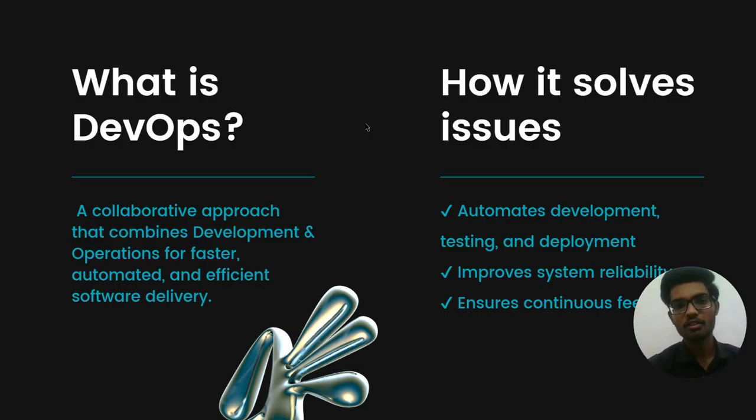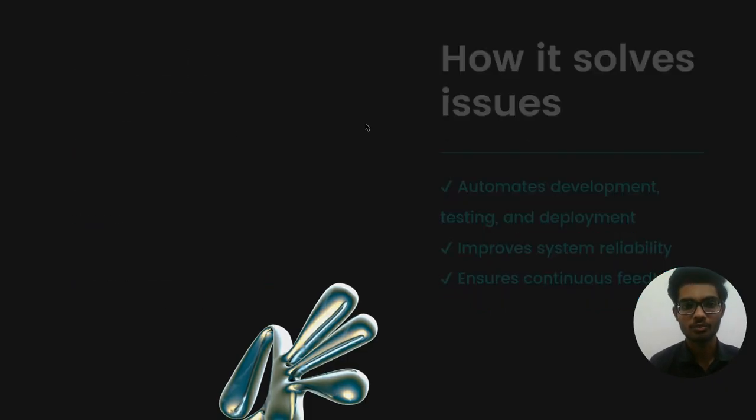DevOps comes with a method of continuous feedback. If the software is in production and clients are already using it, then we collect feedback from the clients, so that we can improve customer engagement with our software. So this is why DevOps comes into role, and this is how it solves the issues.